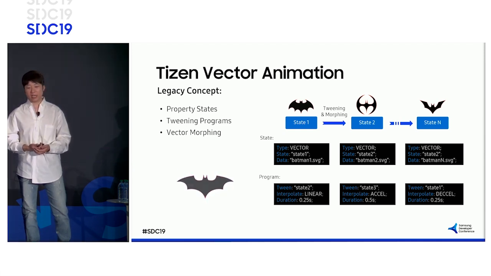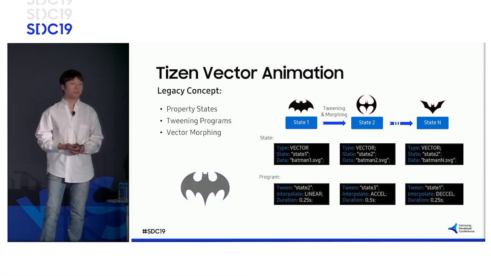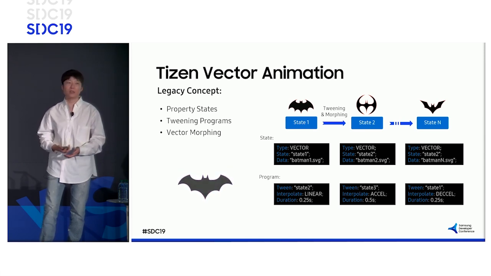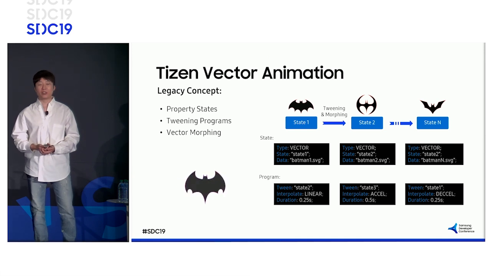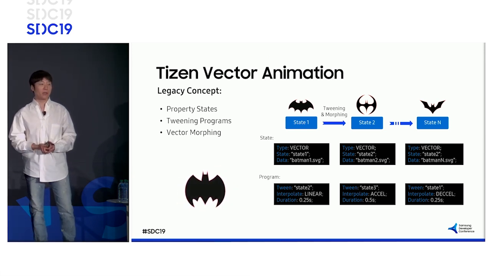But in this case, we'd need to design an engine to support a vector morphing mechanism for generating automatic animation. But still, one problem is that this vector morphing mechanism may have some limitations with a complex scene or model. It may sometimes generate a different result than we expected.